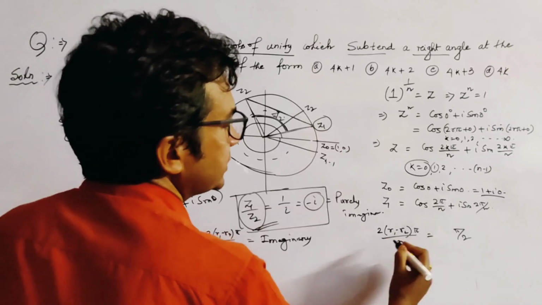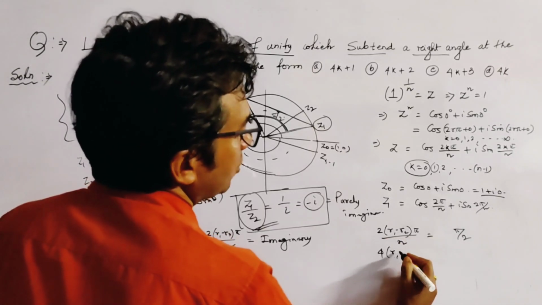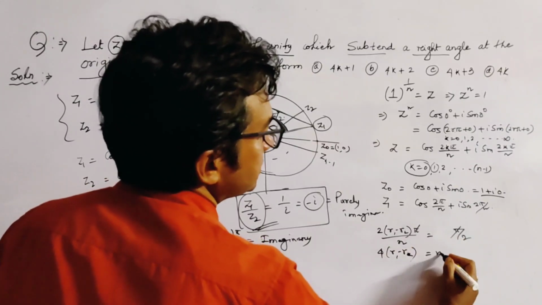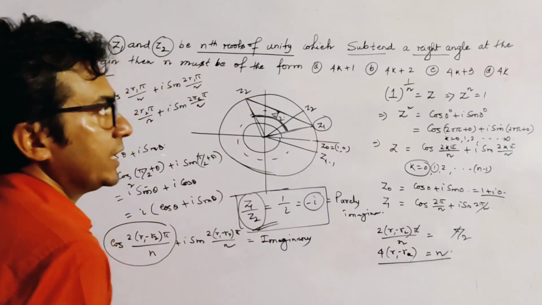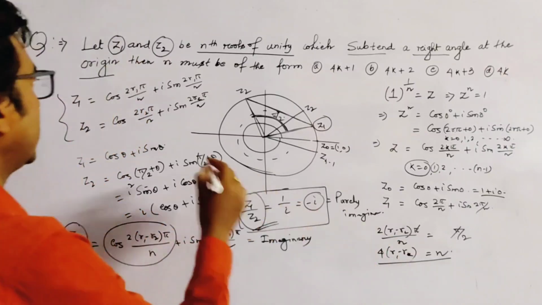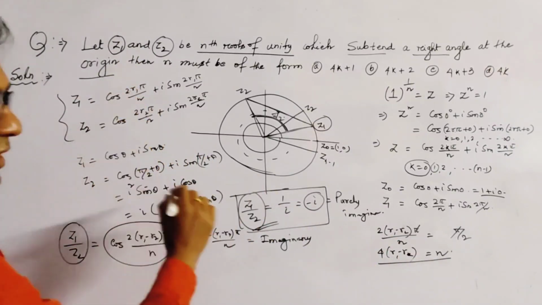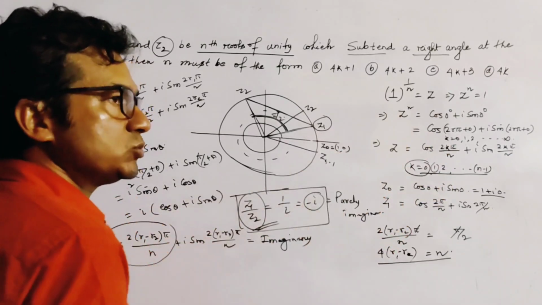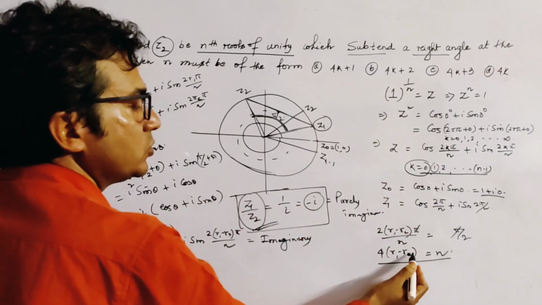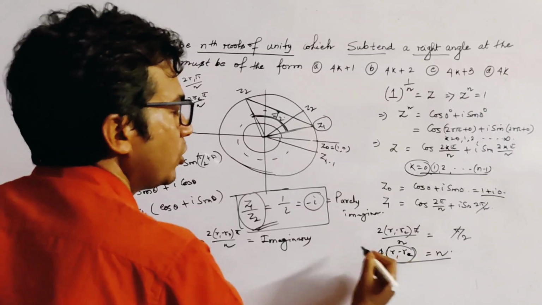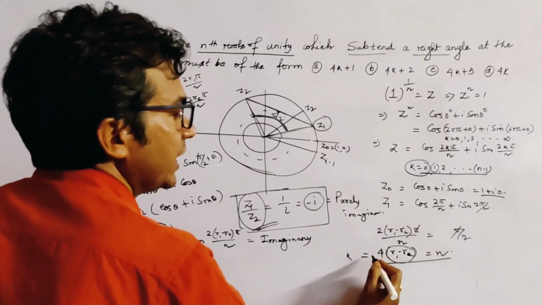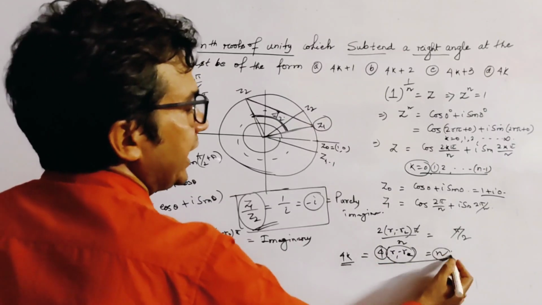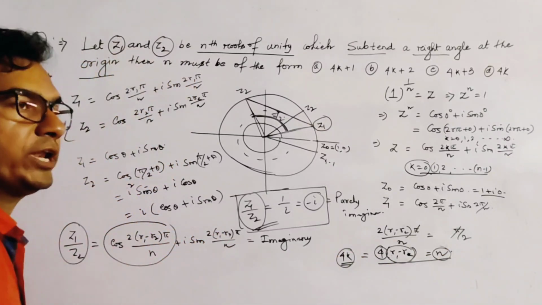That is, we get 4(r1 minus r2) equals n, with π cancelling out. Here r1 and r2 are two integers from 0 to n minus 1, and r1 minus r2 is also an integer of the form k, and 4 multiplied by k, so n must be of the form 4k.